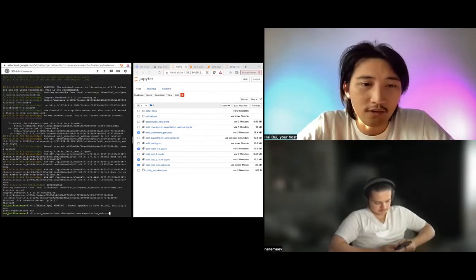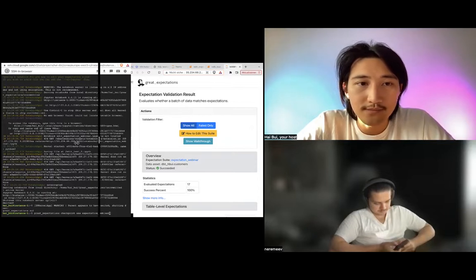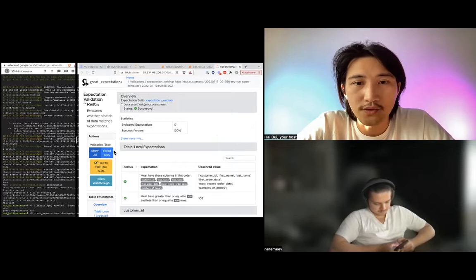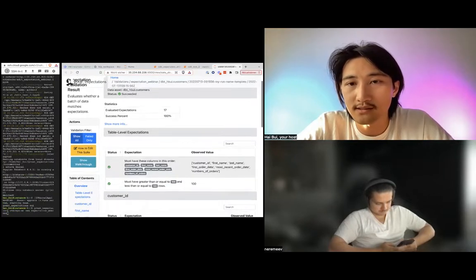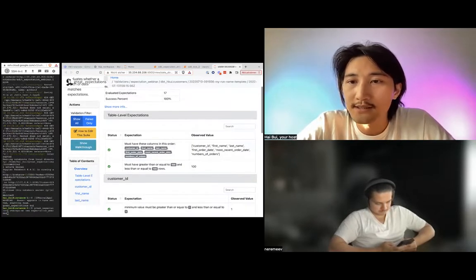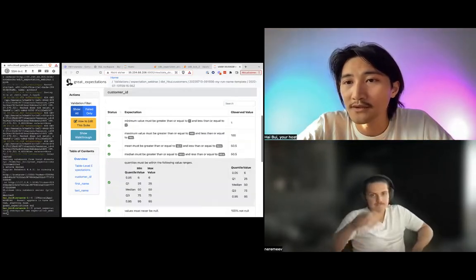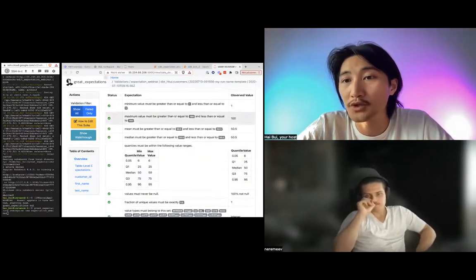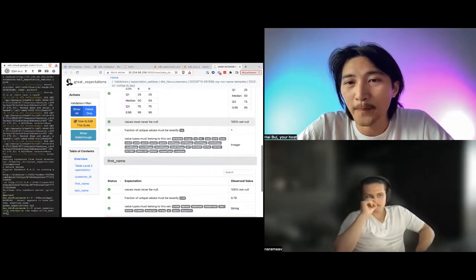And I've done this one already. So when you do this, it runs the test against your data and shows you which tests succeeded, how many tests were run, and if it didn't succeed, what were the values that you observed, or which were the values that didn't meet the test's expectation.